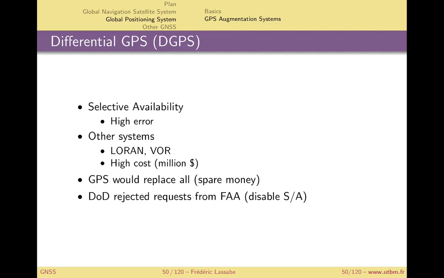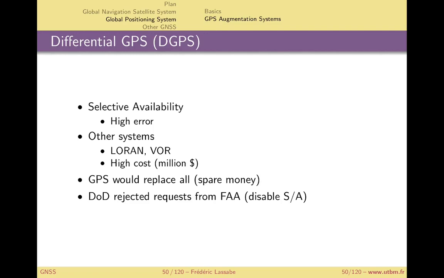So the first administration was the FAA, the Federal Aviation Administration, which requested to the DoD to disable the selective availability so that planes could rely on the GPS to avoid using other expensive local systems.